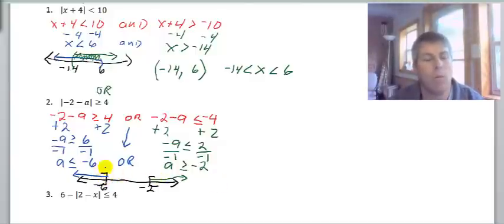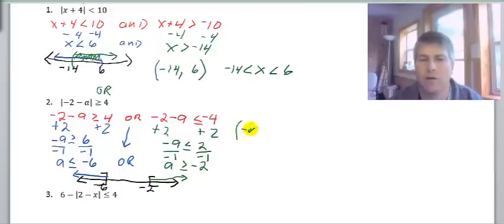So what satisfies this? Well, x is less than negative 6 or greater than negative 2. Using interval notation, I'm going to have 2 answers.